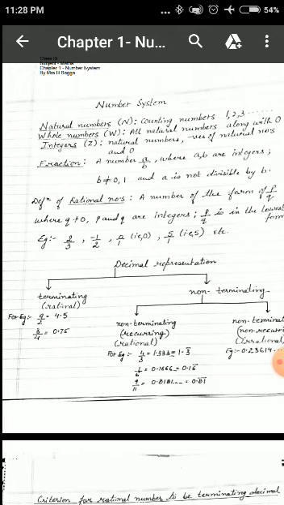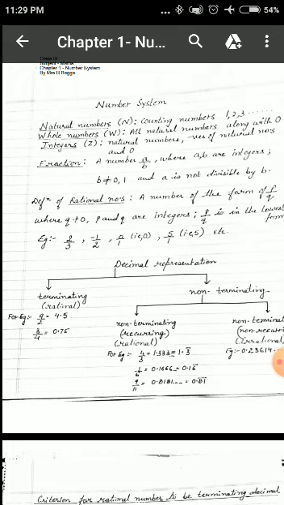For example, 9 upon 2 will give you 4.5, and 3 upon 4 will give you 0.75. In this, we observe that after the division, the decimal part has only a single digit, that is 5, in the first case and 0.75 in the second case.